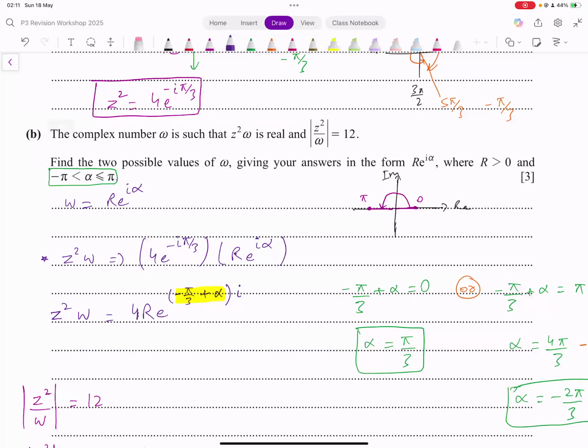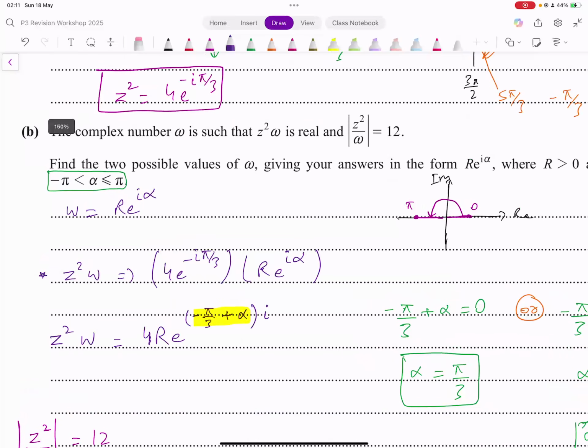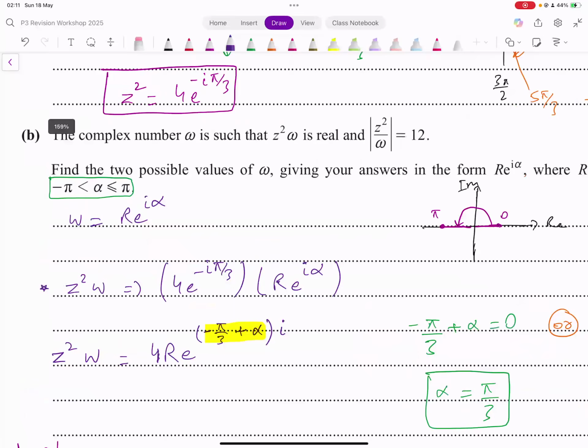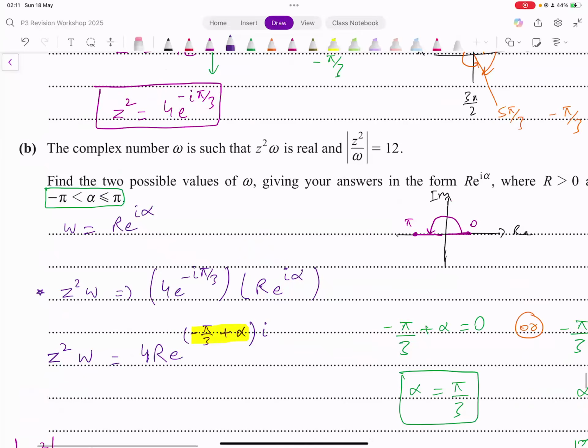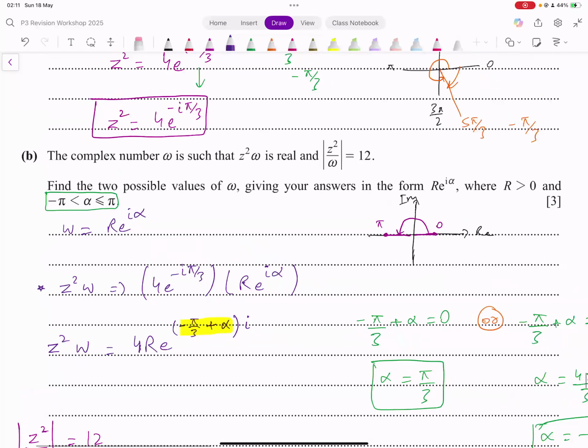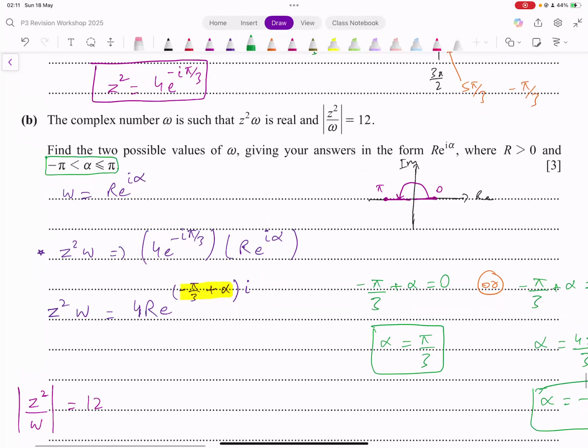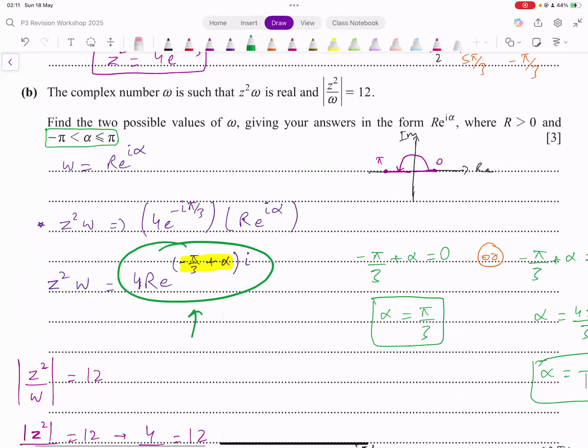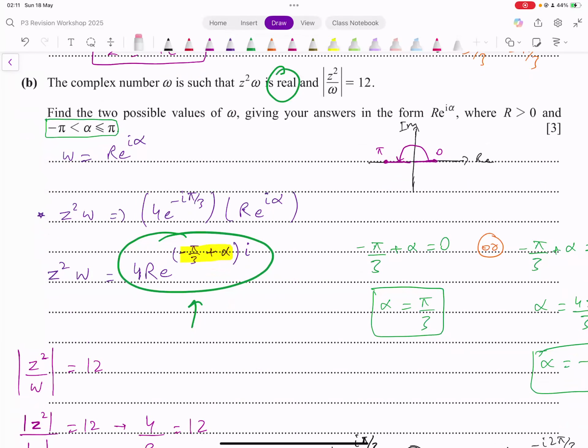Now, how do you find w from this? First of all, z squared w is real. That's what they're saying, right? We could say w is equal to r e raised to power i alpha like this. Evaluate z squared w from that. We know the value for z squared already from the first part. Z squared w turns out to be this. Now they're saying it's real.